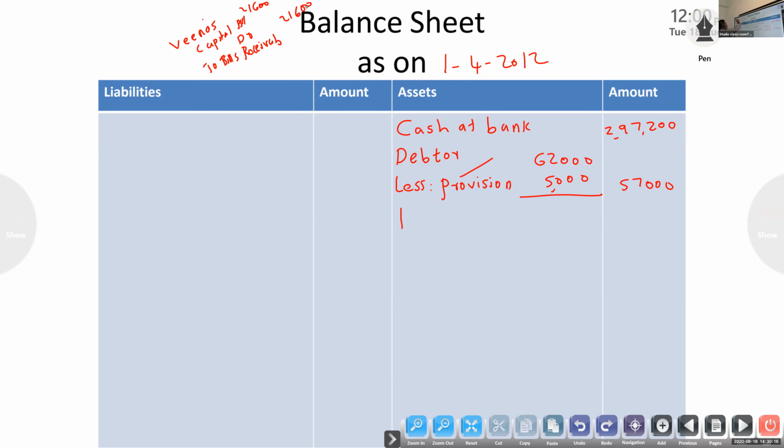First one, revaluation account to bills receivable, 2,400. Revaluation account to bills receivable means decrease in the value of bills receivable because it is at a discount.